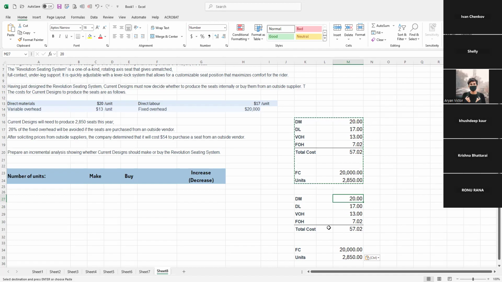How much is my actual cost? If I eliminate it, this one's going to go down with 28%, right? Yeah. Fixed overhead is going to go down with 28%. How much will be my new fixed cost?